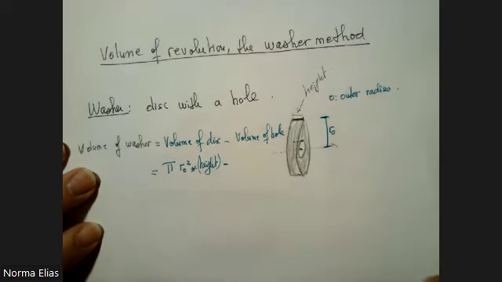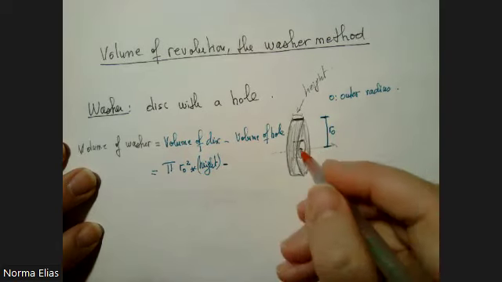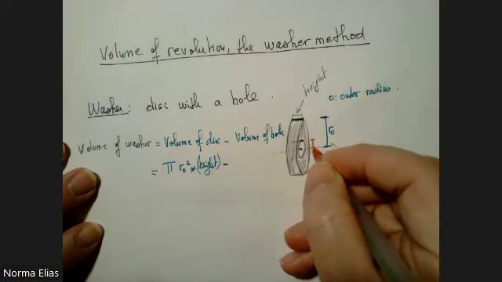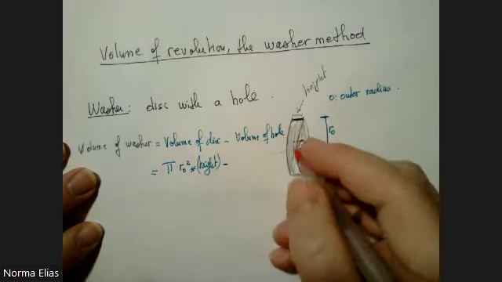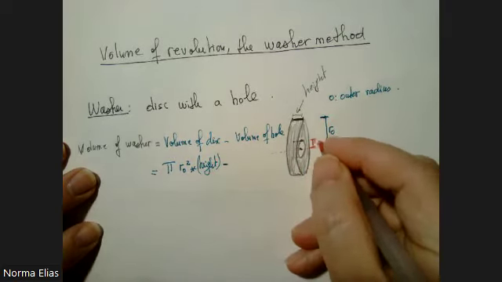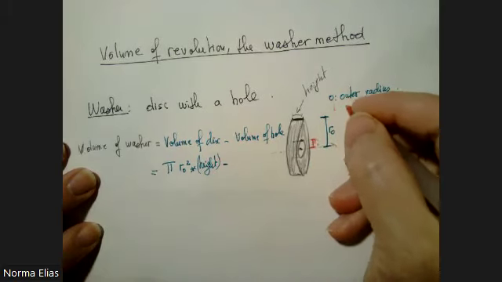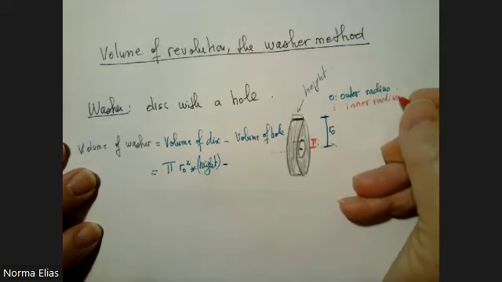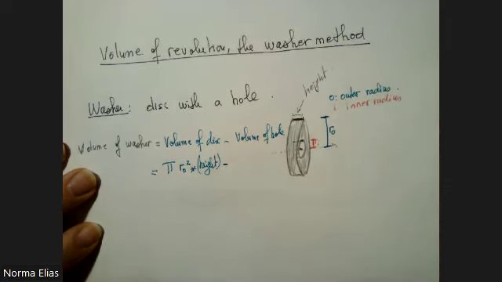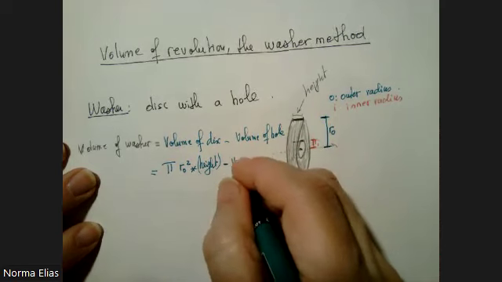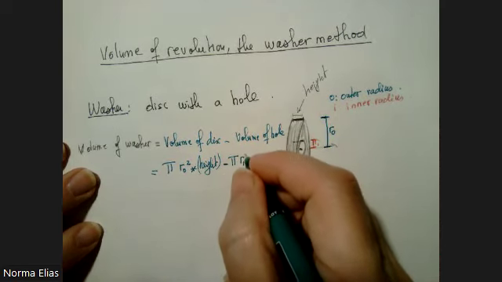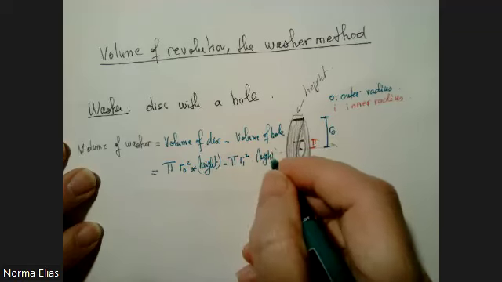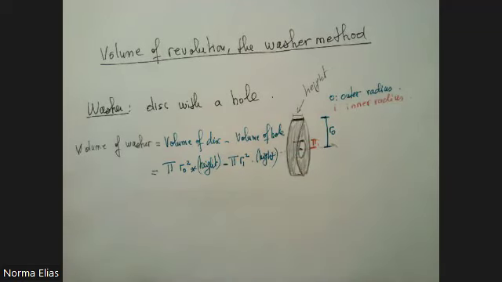I'm going to take away from it the volume of the hole. To get the volume of the hole, I need the inner radius, this one in red. We're going to call it Ri, I stands for inner radius. So the volume is pi times the inner radius squared times the height. Okay, that's exactly what you guys said.